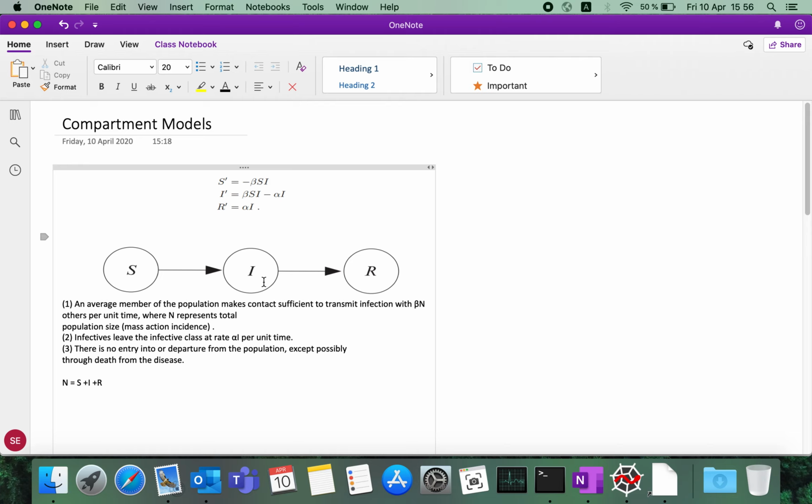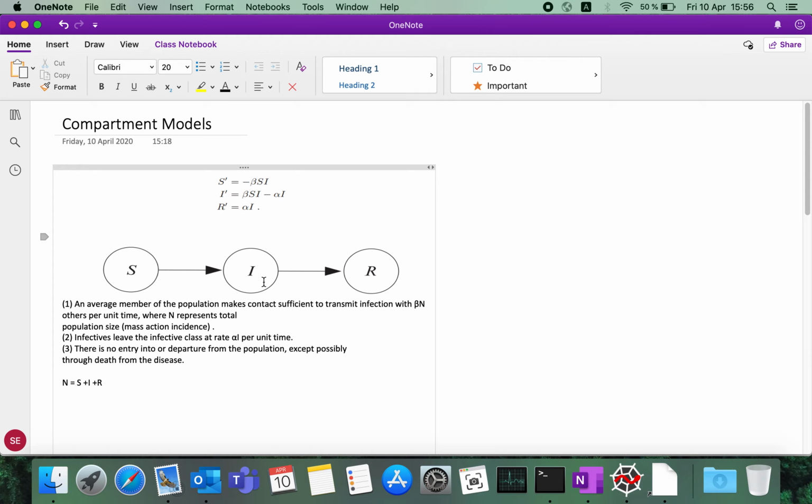We have other models like SEIR and SEIS models, which consider the exposed periods between being infected and becoming infective. These models you can search for yourself and start implementing.